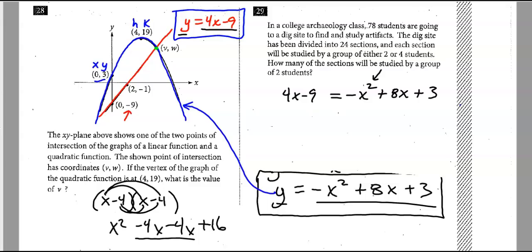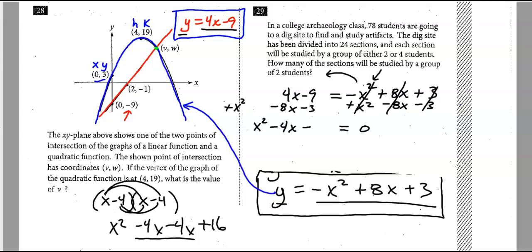I'm going to move everything to the left-hand side. So I'm going to add an x squared, and I'm going to take away this 8x, and I'm going to take away this 3 because I want 0 over there. So I added x squared, I take away 8x, I take away 3. Everything over here disappears. And I have x squared minus 4x minus 12 equals 0.